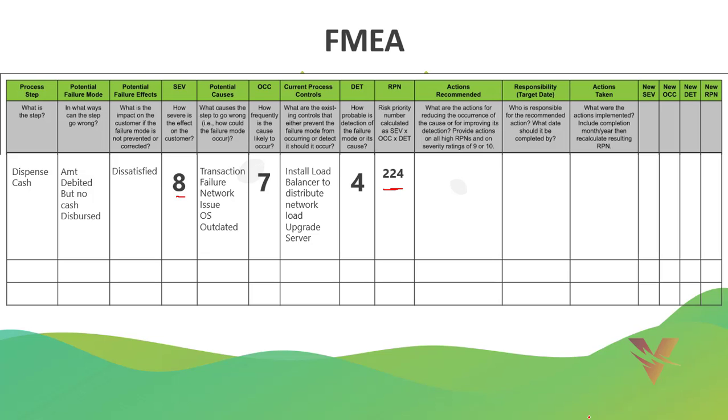Here, for example, I will give one action to overcome this problem. We can improve the monitoring of cash threshold levels across all ATMs, or the customers can get OTPs on their mobile phone.